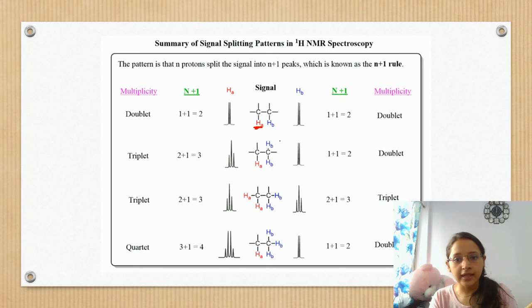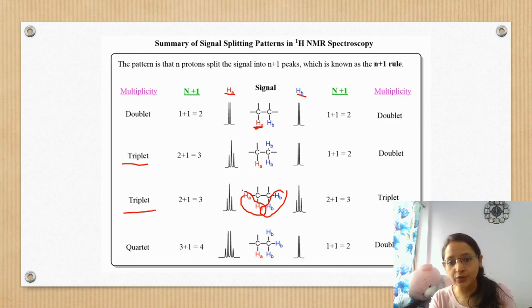In that case, if there are 2 protons in the vicinity of HA, it will give you a triplet because of the n plus 1 rule. And here HA is equivalent, HB is equivalent, two protons are there, so it will also give you a triplet. Because if we are talking about HB, we have to see how many equivalent HA protons are there to couple with HB.